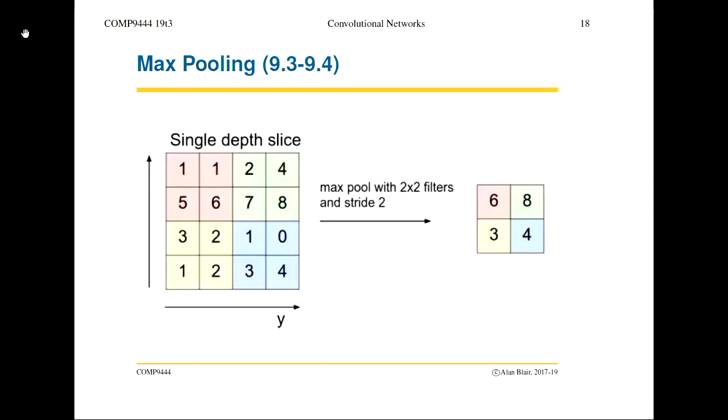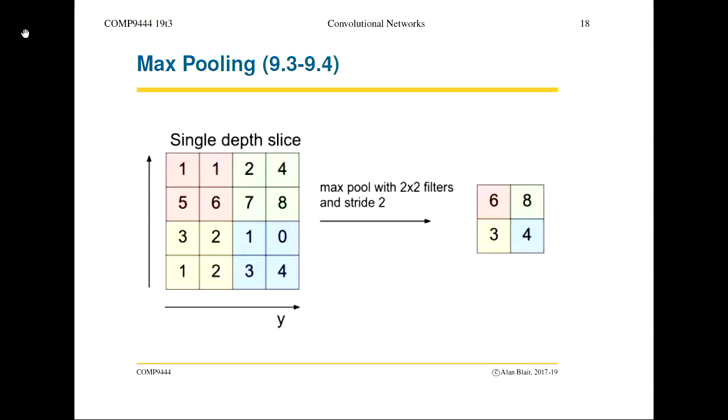Now, what do I mean by subsampling? Well, it's done like this. The thing is 28 by 28, but I break it into little groups of 2 by 2.